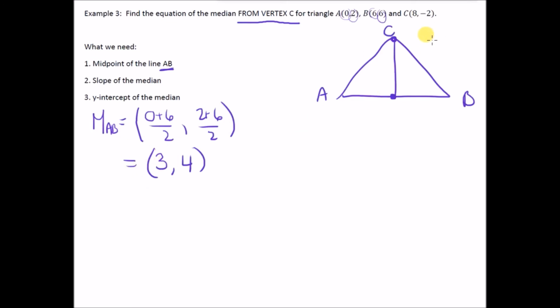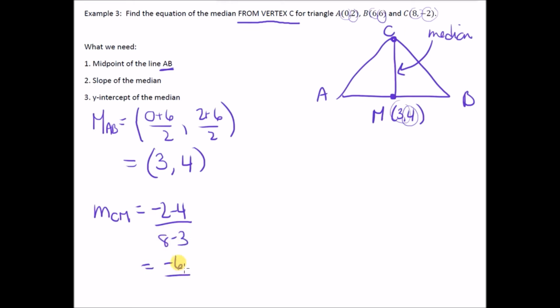Now, we need the actual slope of the median. So remember, that's the midpoint, that's 3, 4. This is going to be our median. Now, let's find the slope of CM. The y's go on top, negative 2 minus 4, and 8 minus 3.